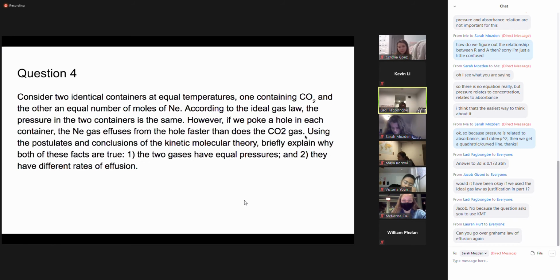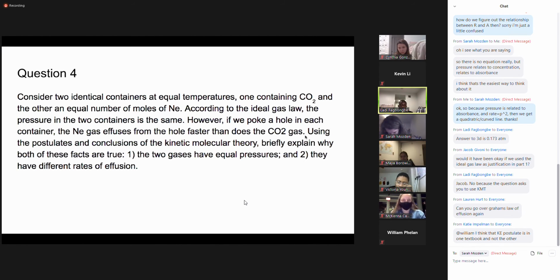And Jacob. Yeah, I kind of had the same question. When it says using the postulates and conclusions of the kinetic molecular theory, do we actually have to explicitly state which postulate we're using and then back it up? Yes, you should state which one you're using.